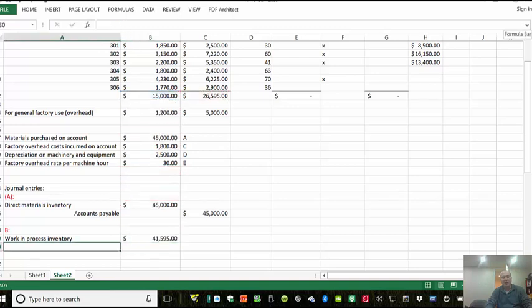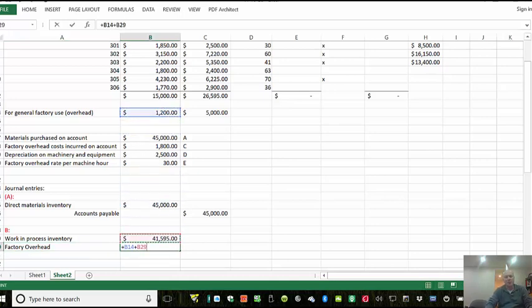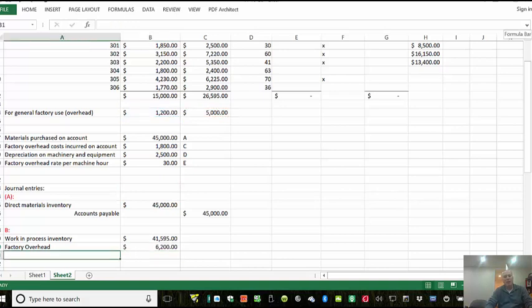Then we also have factory overhead, which is this stuff for general use, which is 1,200 plus 5,000. All right. These are debits because these are asset accounts.